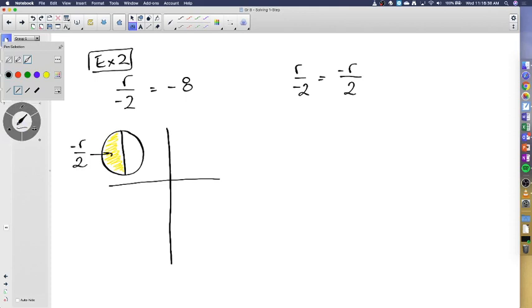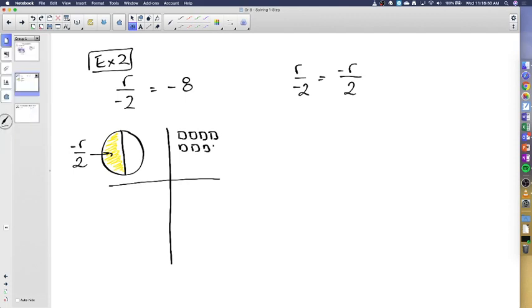Okay? So I have half of my r is colored in, and on the other side I need 8 negatives. So I've got 1, 2, 3, 4, 5, 6, 7, and 8. So what I'm saying now is when 1/2 of that circle is colored in, I have 8 negatives on the other side.